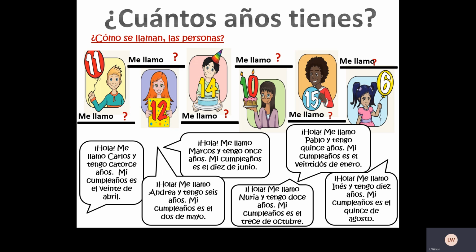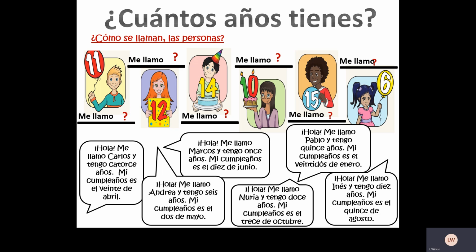Okay, right, so this is our last activity para hoy for this lesson. So what you want to do here is look at the people. They're all holding a balloon or candles that tells you how old they are on this birthday. Then you need to read the text below. The text will tell you the name of each person.